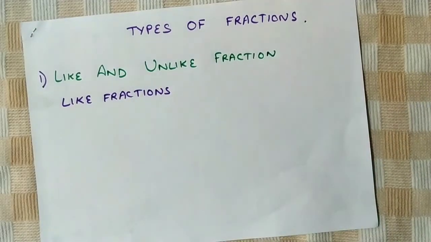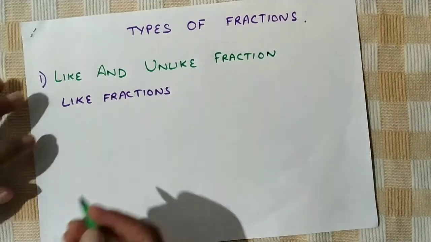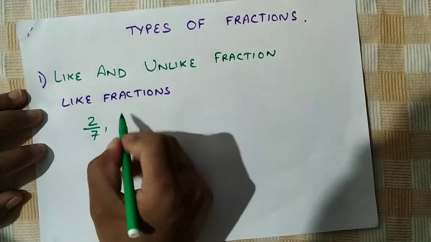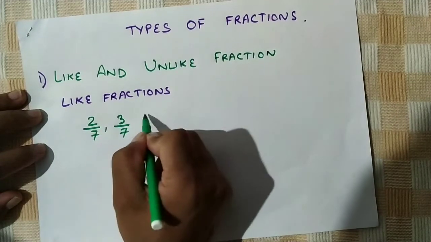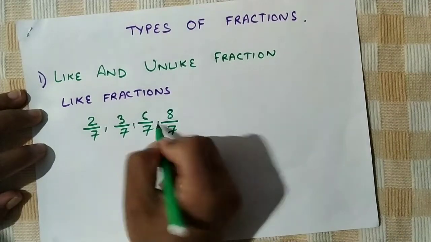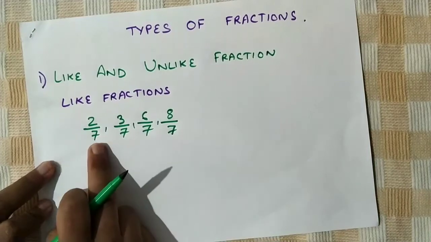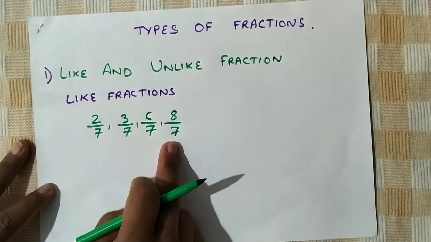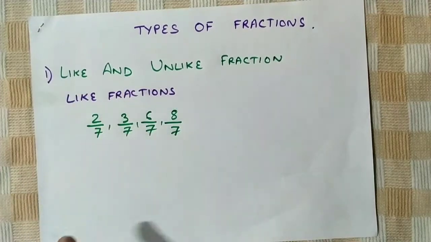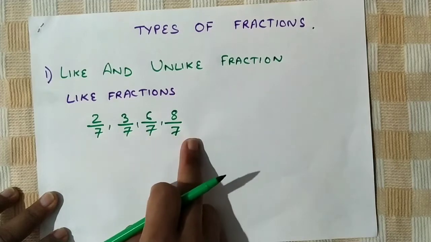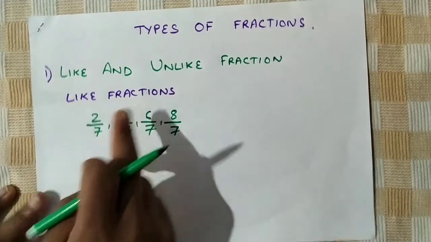Like fractions are fractions which have equal denominators. For example, 3 by 7, 6 by 7, 8 by 7. Over here you can notice that each fraction has an equal denominator. So these are known as like fractions. When fractions have the same denominator, it is known as like fractions.